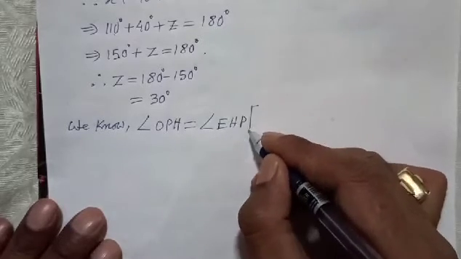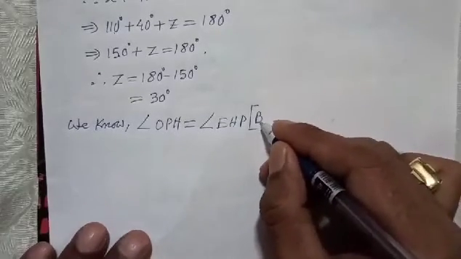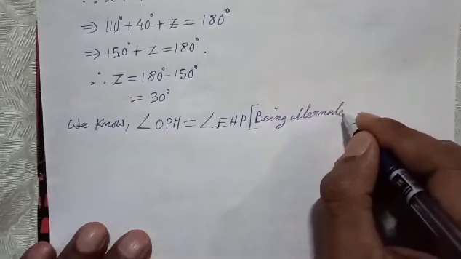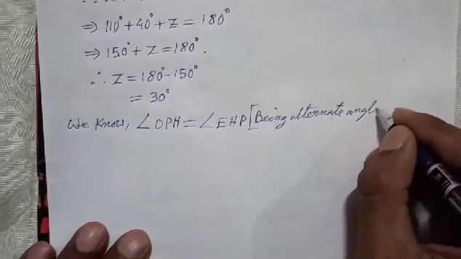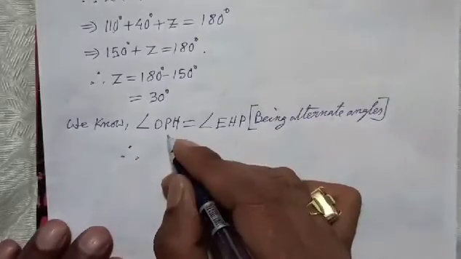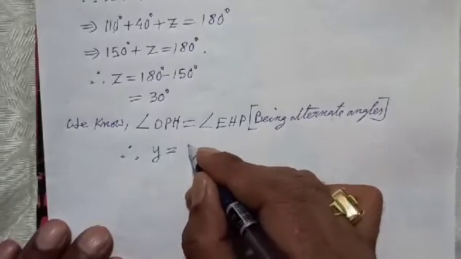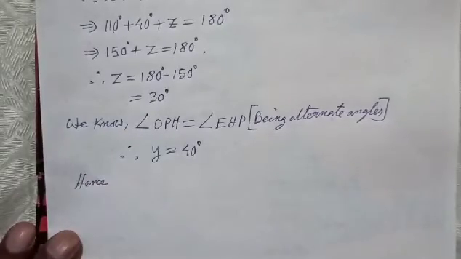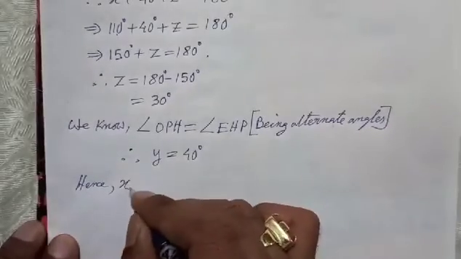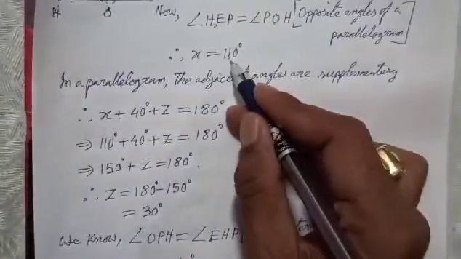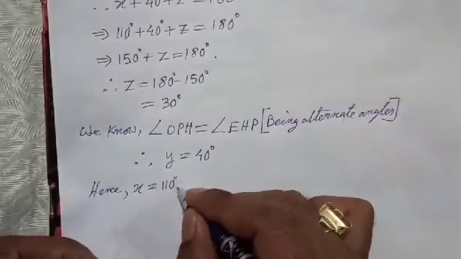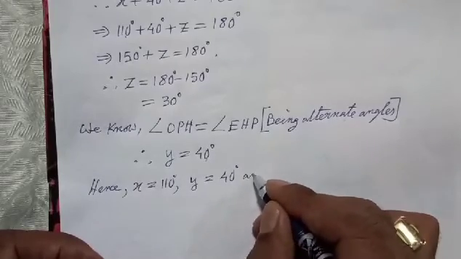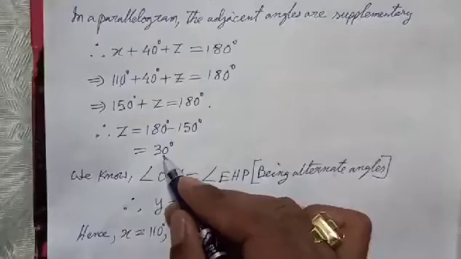These two angles are equal because they are alternate angles. Therefore, this angle is y and this angle is 40. Hence, x is 110 degree, y is 40, and z is equal to 30 degree.